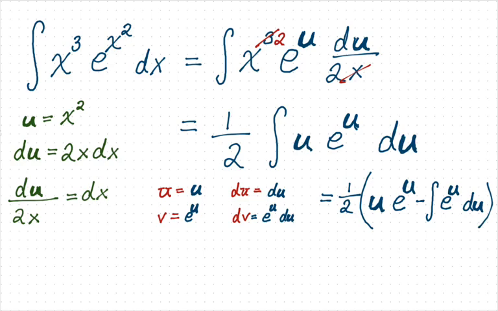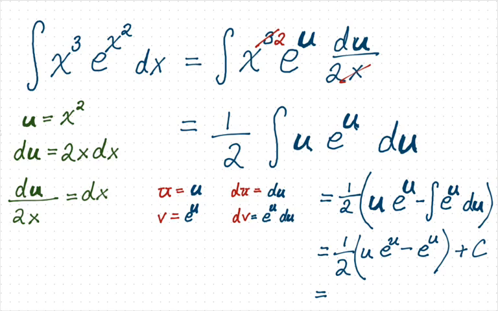Okay, but now I can take that antiderivative, the antiderivative of e to the u is just e to the u. And then I'm just going to throw the arbitrary constant out at the end because I can.